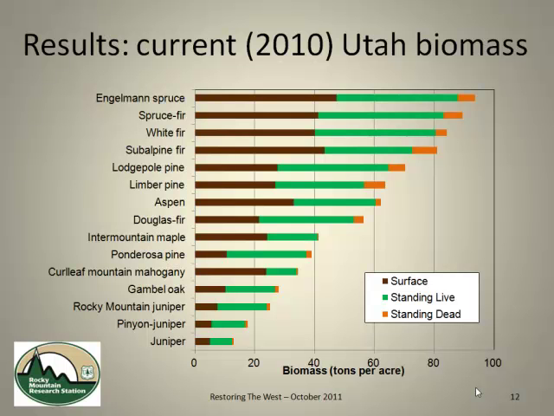So in general, we can see that the elevation and the moisture relationship holds. In Utah, the forests with the most standing biomass are higher elevation. We have spruce, spruce fir, white fir, and it goes down to our least productive sites, juniper, oaks, mountain mahogany, but still have a significant amount of biomass.